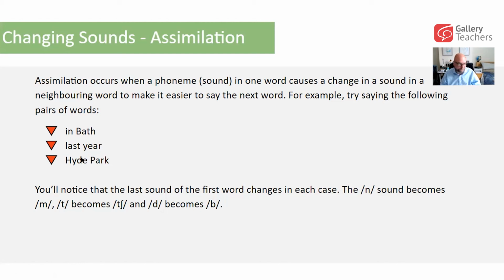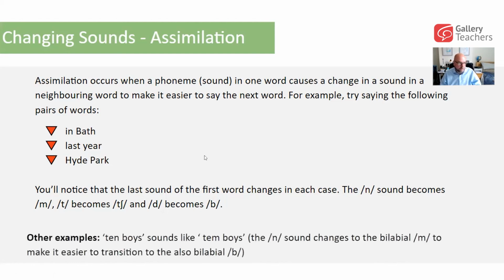Hyde Park. Other examples, ten boys, n to m, again, to make the transition from the n to the b easier, as m and b are closer in the mouth. And therefore, in speech, we look for shortcuts to be able to get the language out, to respect the rhythm of English being a stress-timed language.